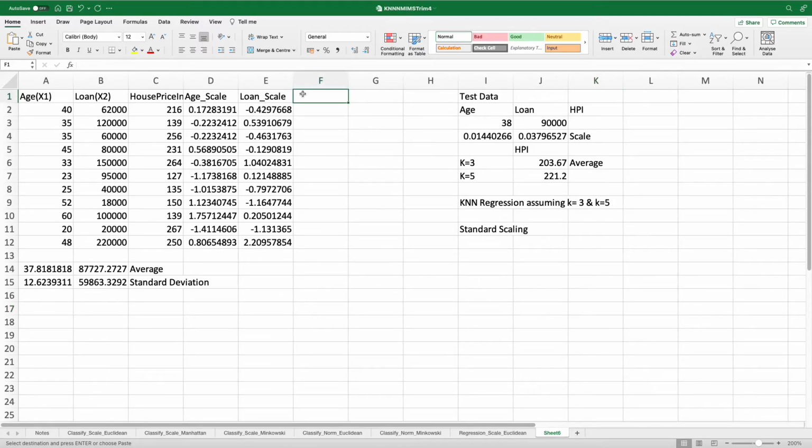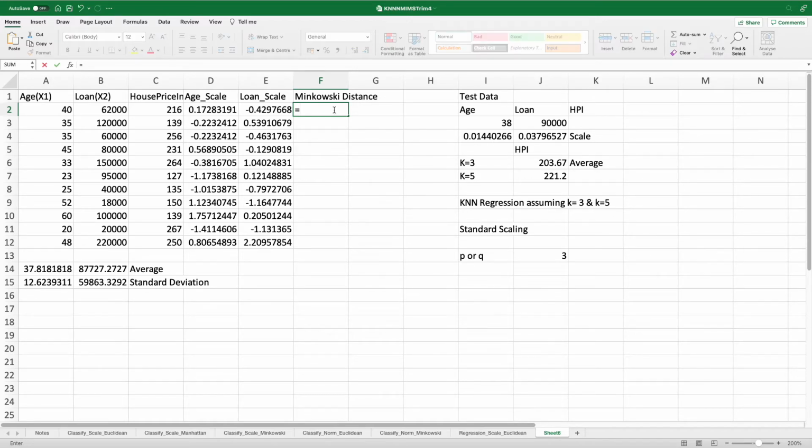Now we will calculate the Minkowski distance. So for Minkowski distance, we will take P or Q is equal to 3.